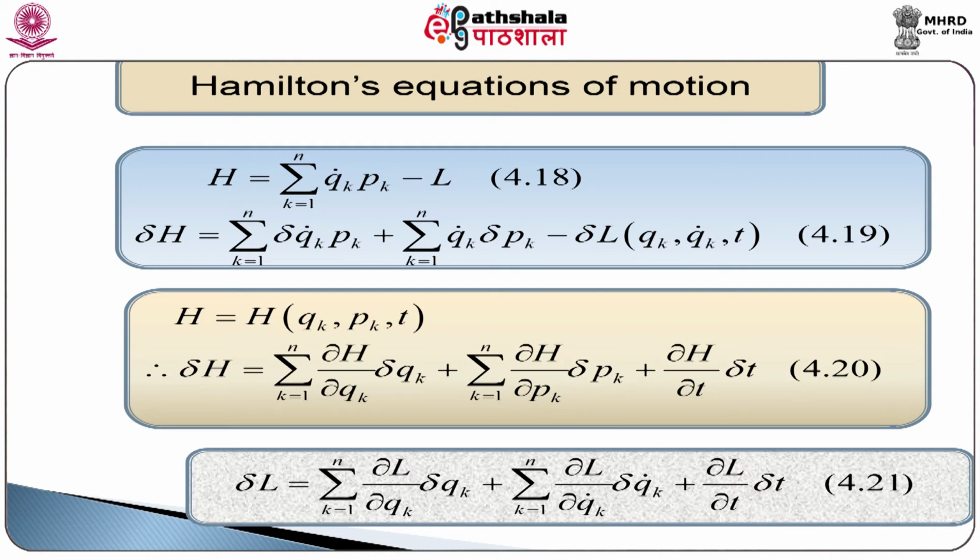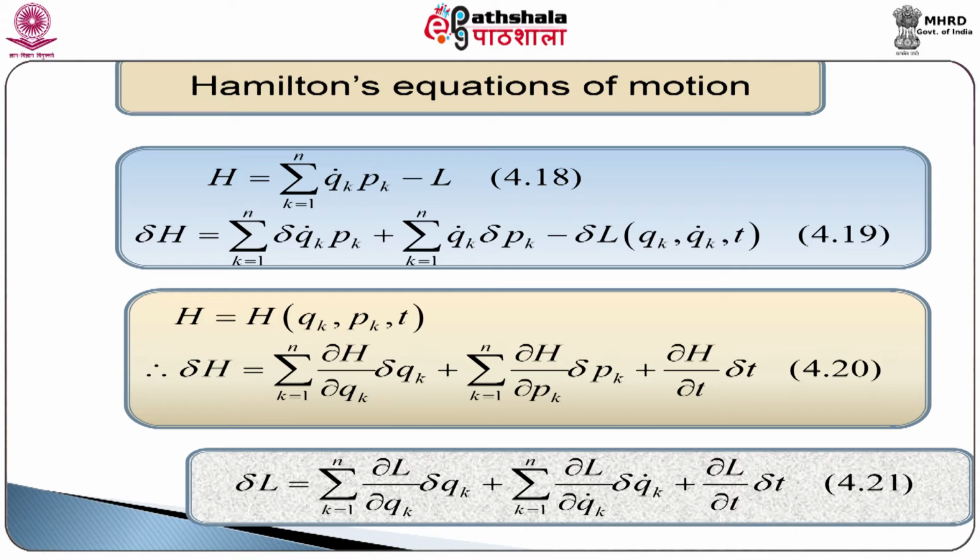Again, delta L is given by delta L equal to the summation k equal to 1 to n of del L del qk delta qk plus the summation k equal to 1 to n of del L del qk dot into delta qk dot plus del L del t into delta t.